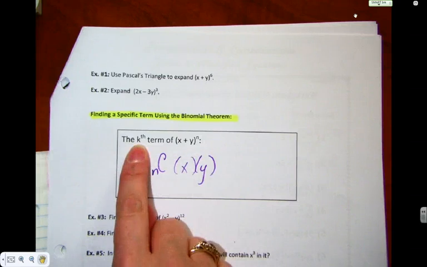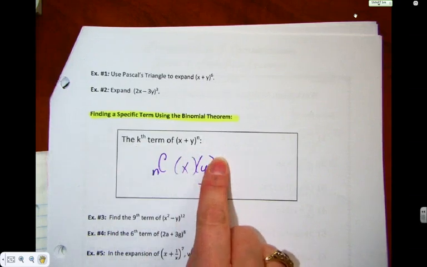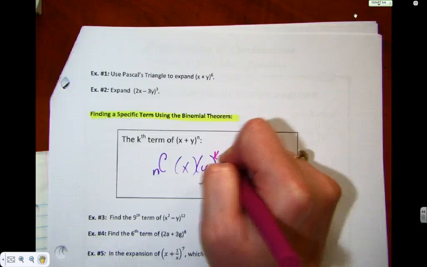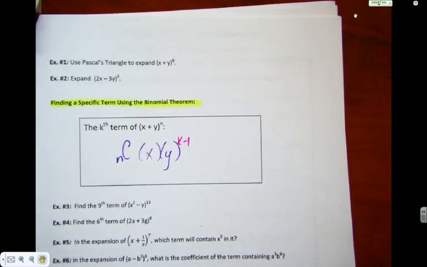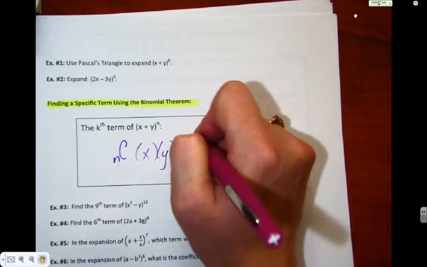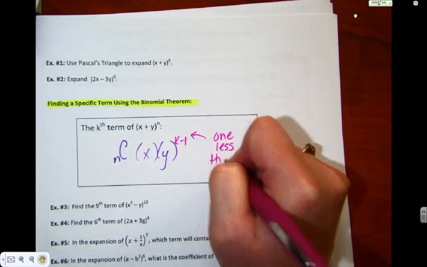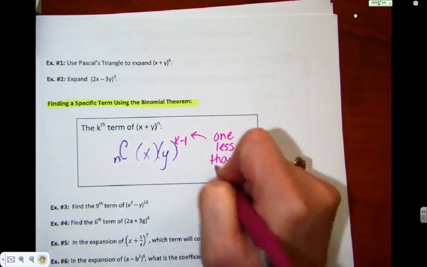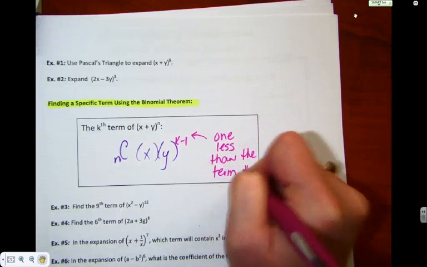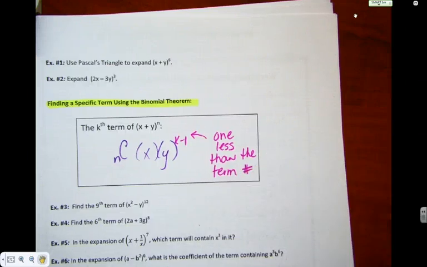So if we're looking for the kth term, this would be k minus 1. So for the wordy person, it's 1 less than the term number. Okay, so term minus 1 or 1 less than the term number.